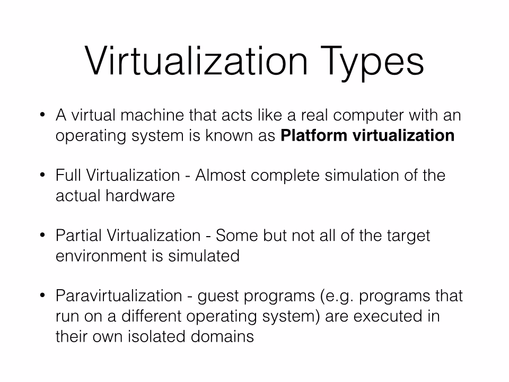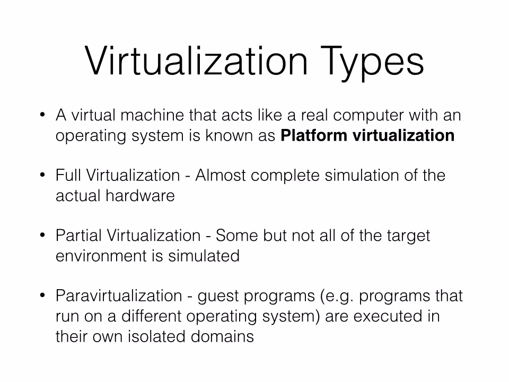It can happen through full virtualization, where you have an almost complete simulation of the actual hardware. Potentially full virtualization can be faster. You have partial virtualization, which is somewhere in the middle, where some but not all of the target environment is simulated, maybe to make the system most efficient.